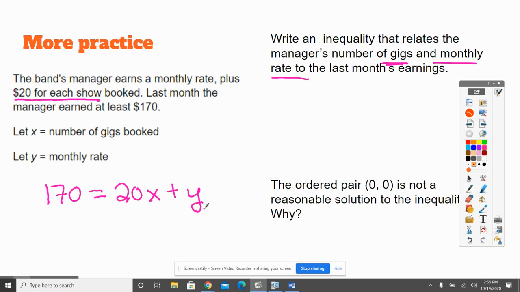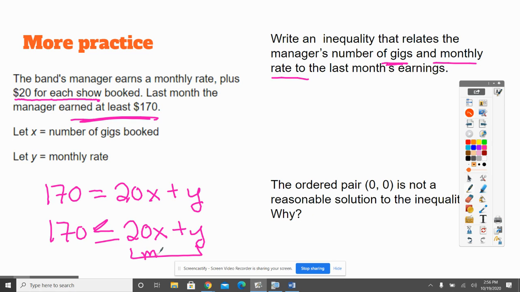So this is going to be the equation. And they want it to be an inequality. They earned at least 170. So 170 is less than or equal to 20x plus y. It was less than or equal because they want this amount to be more than this amount.